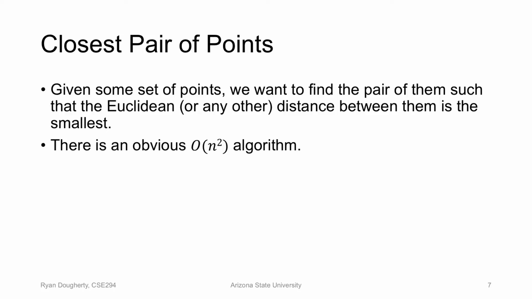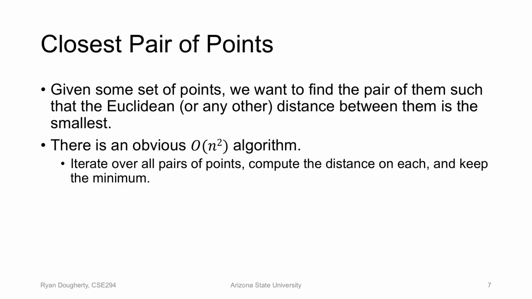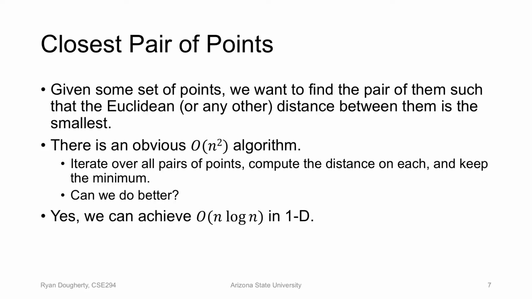The distance between the nth and first point is the same as the distance between the first and the nth point. It doesn't matter what order you see them. So you can improve the constant here, but you can't do a whole lot about reducing the exponent in the runtime. So let's see if we can actually do better than this. Iterate over all the pairs of points, compute the distance, and keep the pair that has the minimum distance so far. Can we do better?